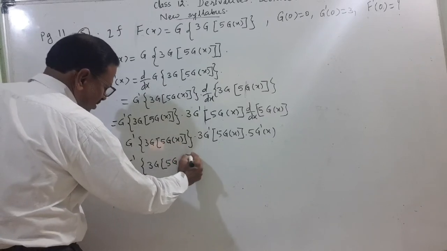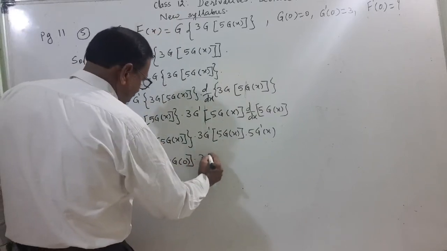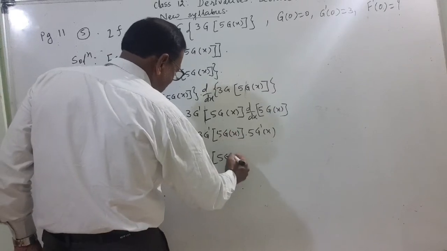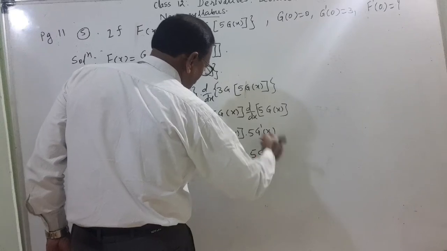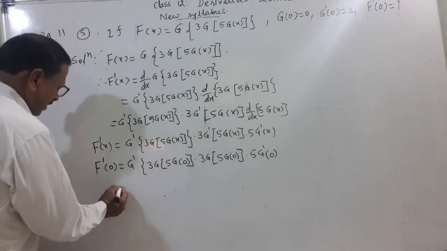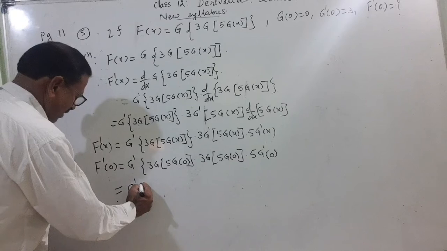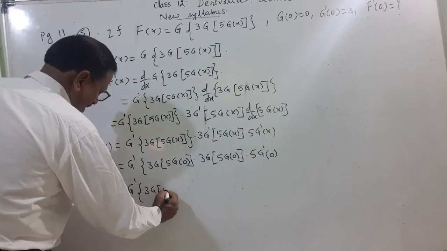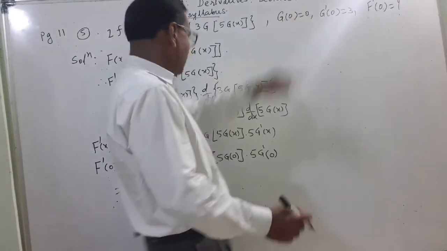Here it is 5g of x, I am putting 0, into 3g dash of 5g of x is 0, into 5g dash of x, where x is 0. Okay. That is equal to g dash of 3g of 5 into g of 0. What is g of 0? g of 0 is 0.